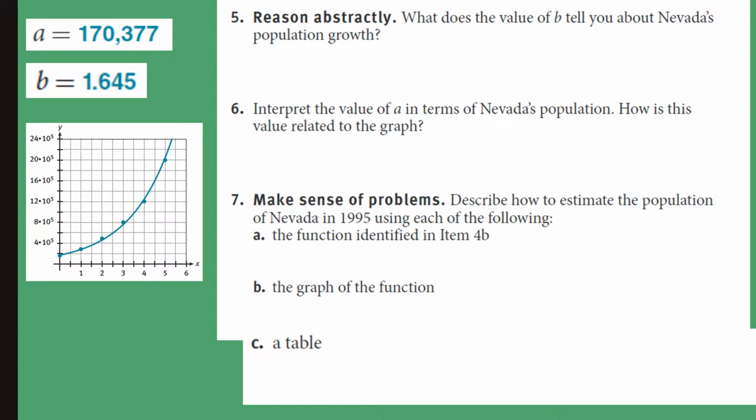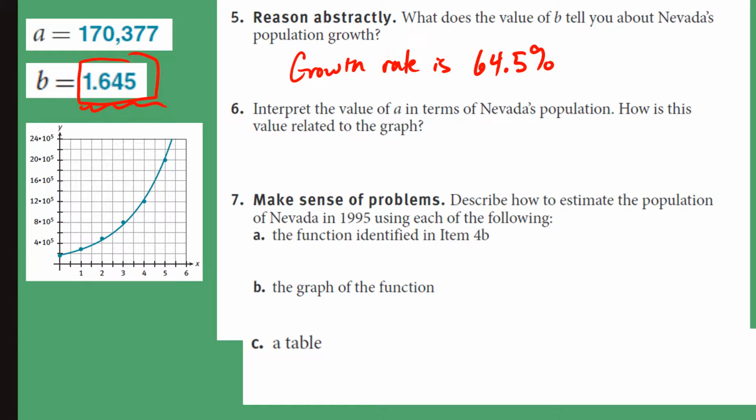All right, so first we're going to tell here what does the value of B tell us about the population growth. So since B is bigger than 1, we know it's growth. And what exactly is that growth? So you want to look at what is it above 1 that's getting multiplied every time. So the growth rate is about 64.5%, because that would be 0.645, which is what's getting added here to 1.